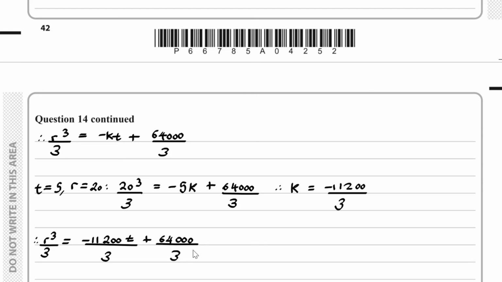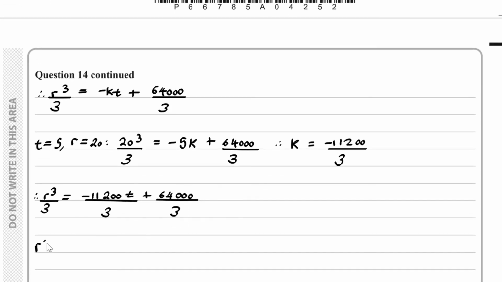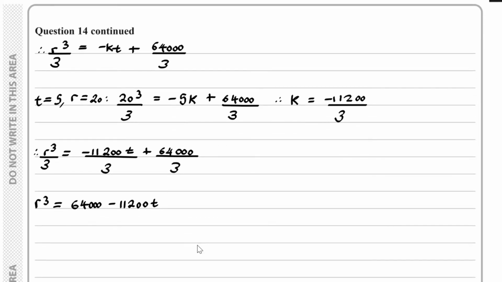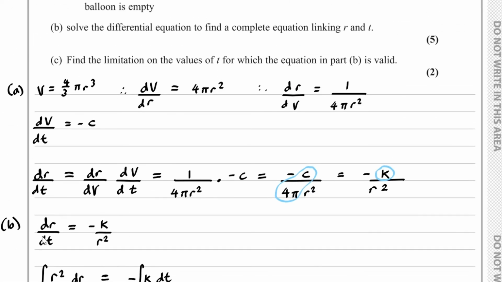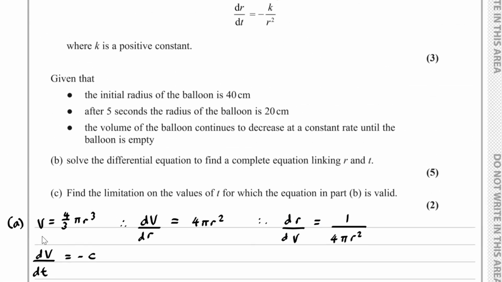And if I multiply through by 3, r cubed is equal to 64,000 minus 11200 t. And that's our equation.